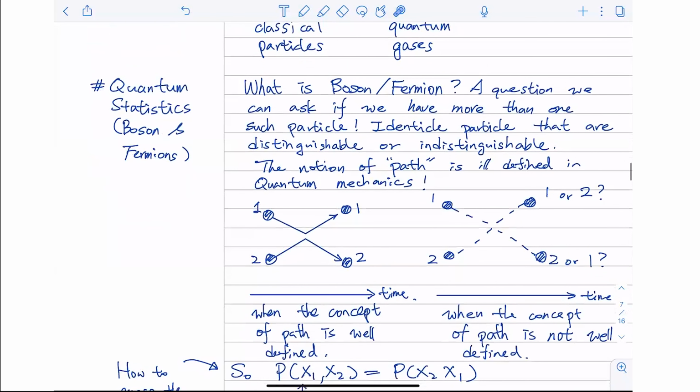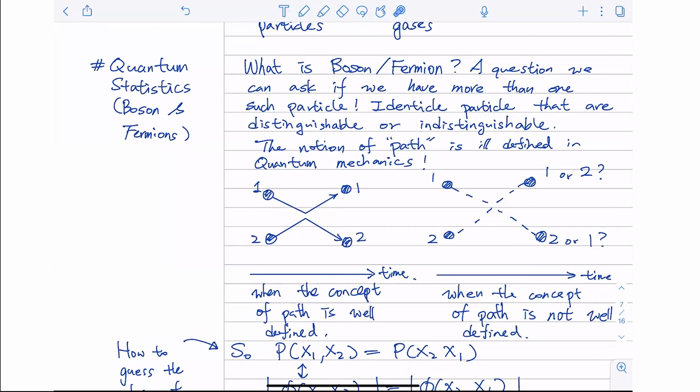What do I mean by that? If we use the horizontal axis as a time coordinate, and we have two particles that collide with each other, particle 1 goes like this and particle 2 goes like that. Because every point of particle 1 at every space and time is well defined, we can use a path to label this first particle.